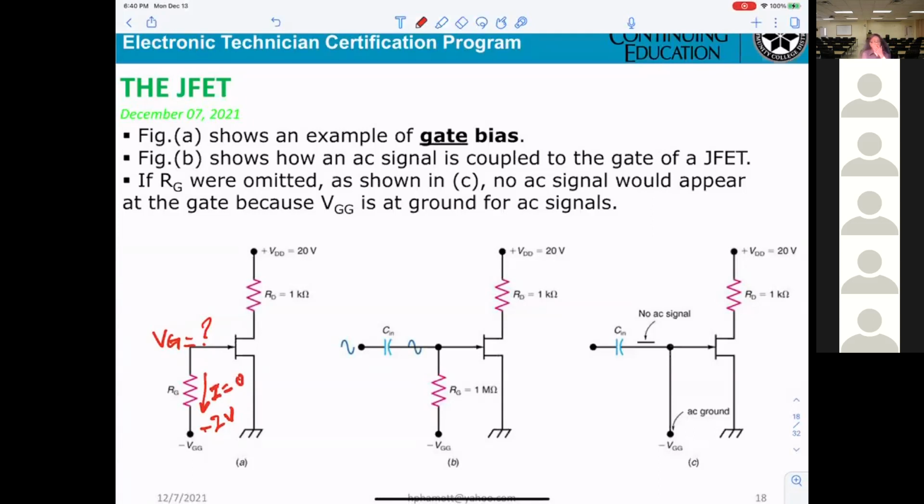Then the current has to be 0. And if the current equals 0, that tells you the voltage at this point and the voltage at this point will be the same. So they will both equal minus 2.